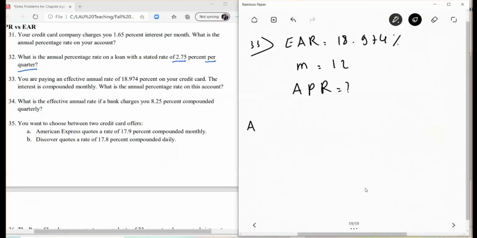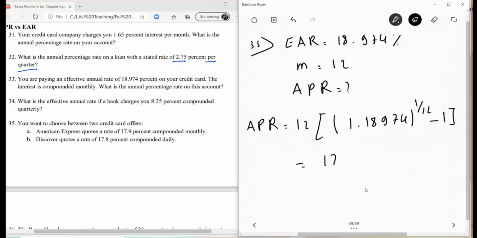In this case, APR equals 12 into 1 plus EAR, so 1.18974, raised to the power 1 divided by 12, minus 1. The answer in this case is 17.5%.